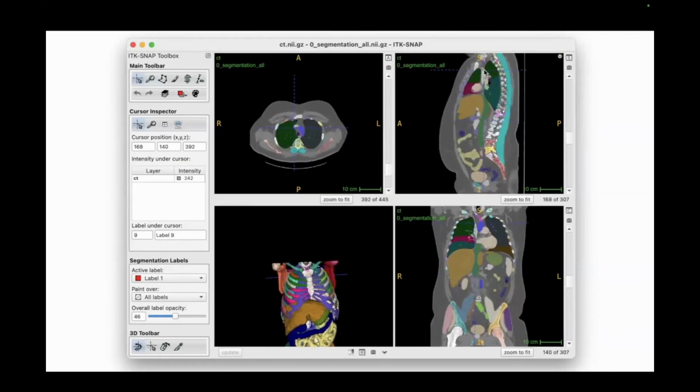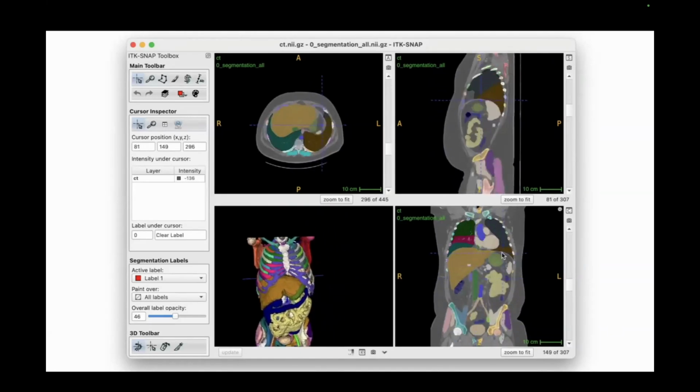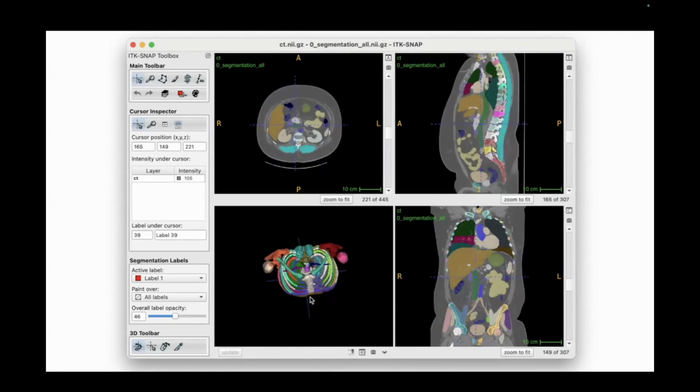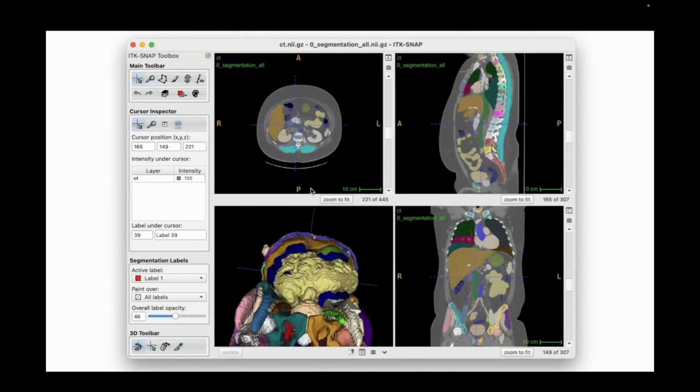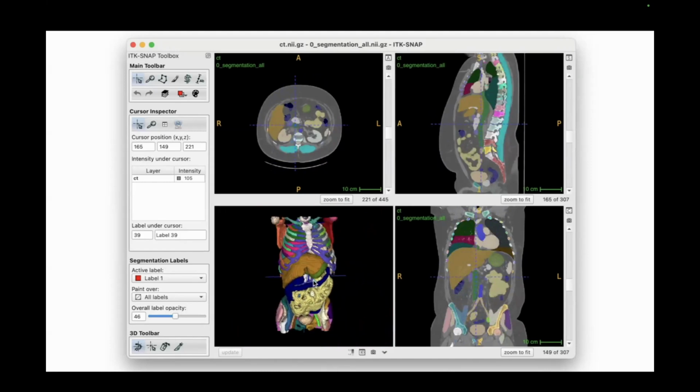If you had to do this by hand, it would take forever. It's like several days of work to get this result. So it's quite impressive. But on the other hand, this type of data does not have the same kind of variability as you would see in micro-CT data of human organs.